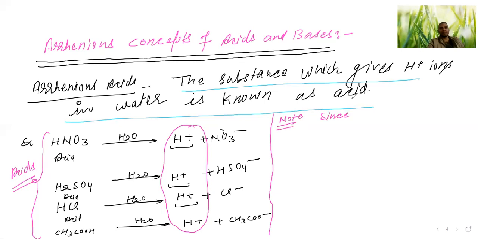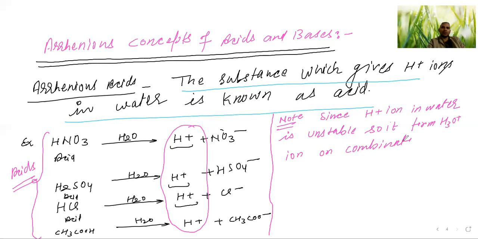Since H plus ion in water is unstable, it forms H3O plus ion on combination with H2O. Here you see the point they are saying: since H plus ion in water is unstable, it forms H3O plus ion on combination with H2O.